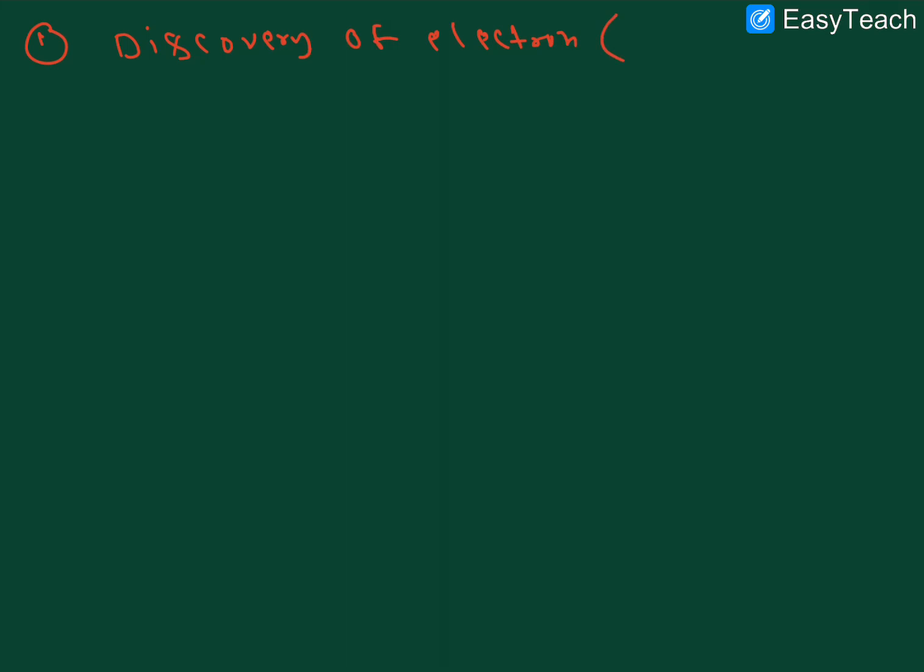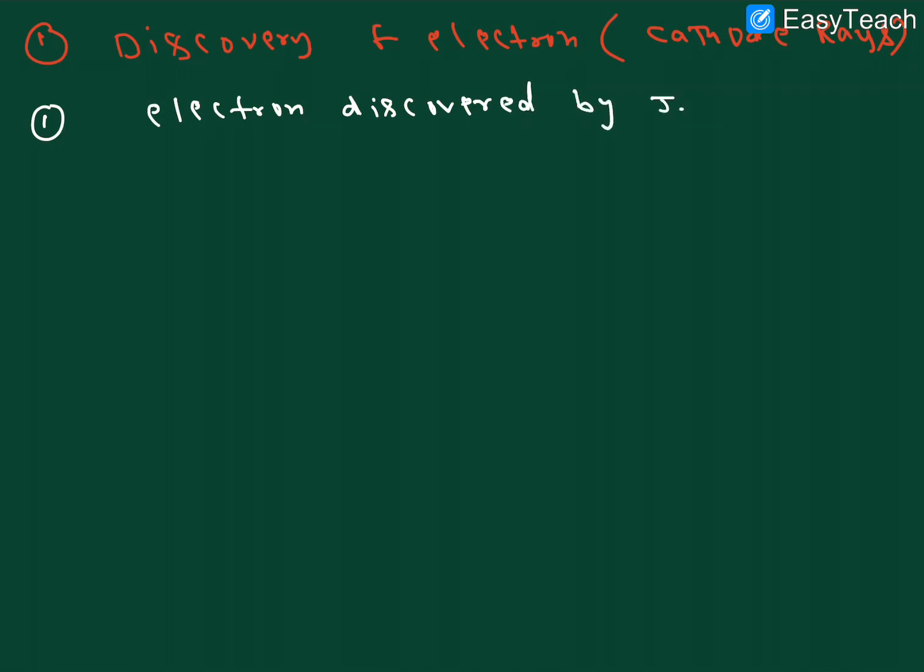This is also called the cathode rays experiment. The electron was discovered by J.J. Thomson. Point number one: the electron was discovered by J.J. Thomson.